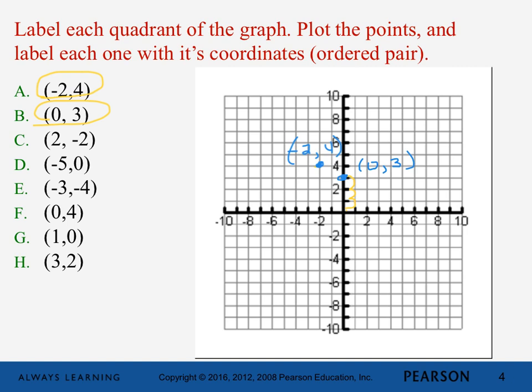And now moving on to the point 2, negative 2. We'll start at the origin and go to the right 2, and then down 2. And here we have the point 2, negative 2. Remembering always that the first coordinate tells us right or left, and the second coordinate tells us up or down.